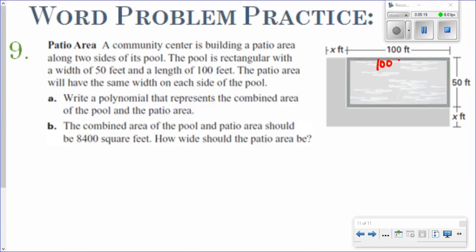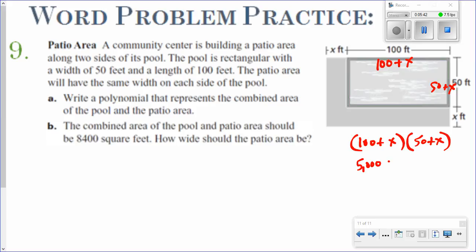This is 100 plus x, and this is 50 plus x. And so when we multiply these two together, it's not going to be that bad. So let's see, 100 times 50, so that makes what, 5,000?